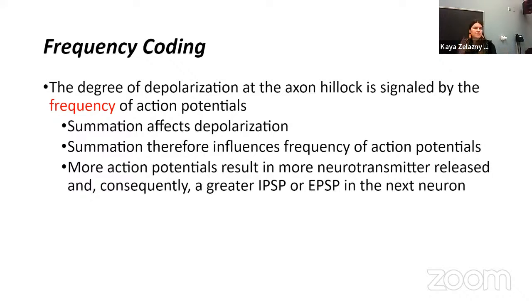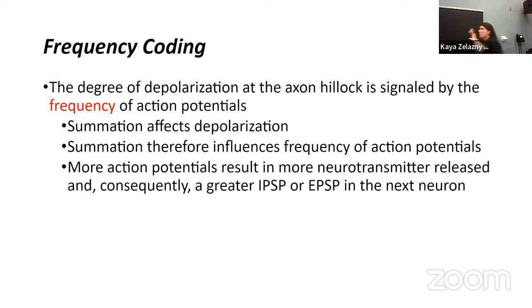If we have more action potentials coming down to our synapse, we're going to release more neurotransmitter, and then we're going to have greater inhibitory or excitatory postsynaptic potential in the next neuron, leading us to fire potentially greater or fewer action potentials from that neuron as well.